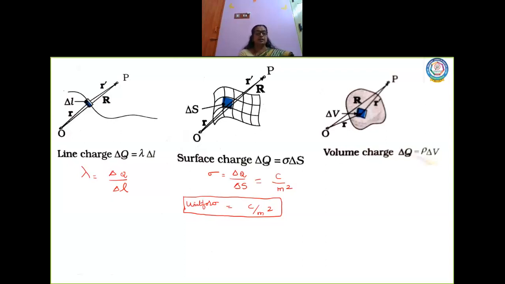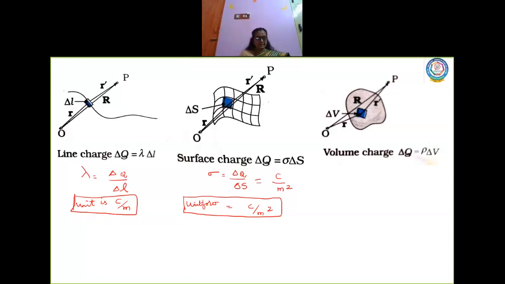Similarly, you represent linear charge density as del Q by del L. The unit for linear charge density, lambda, is charge in the numerator and length in the denominator, measured in meters. So the unit for linear charge density is coulomb per meter, right?